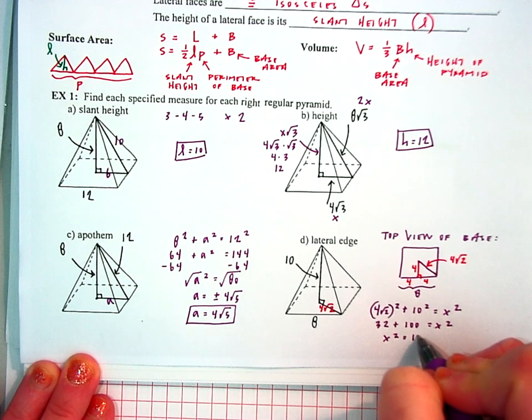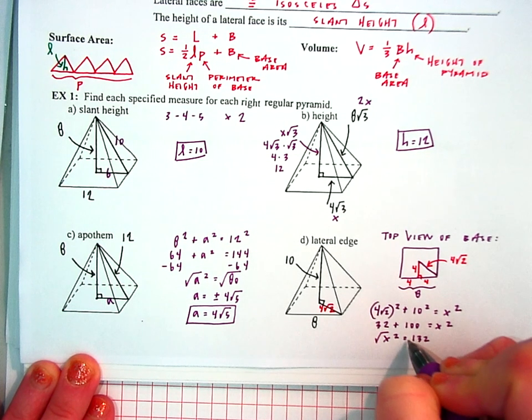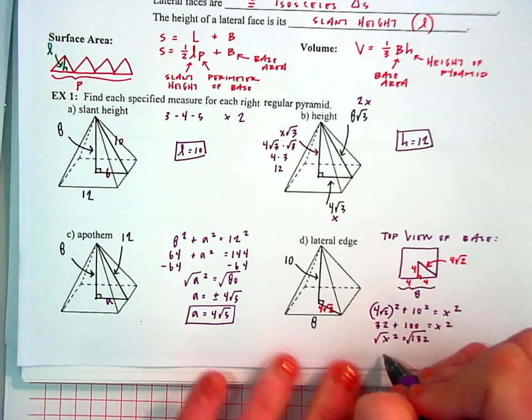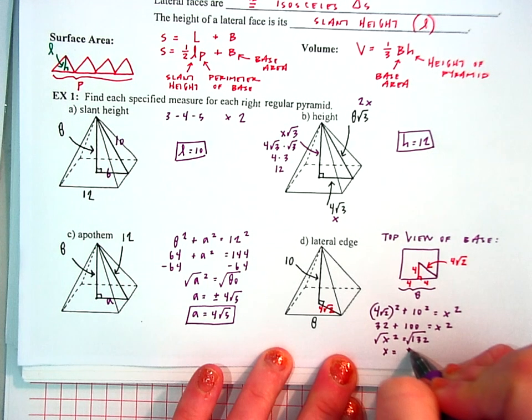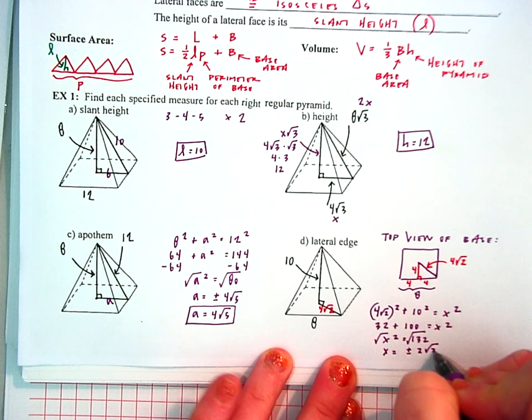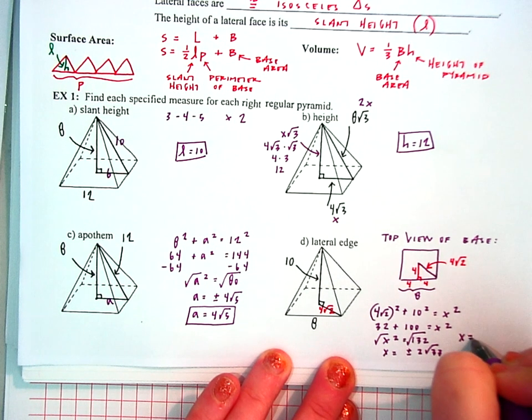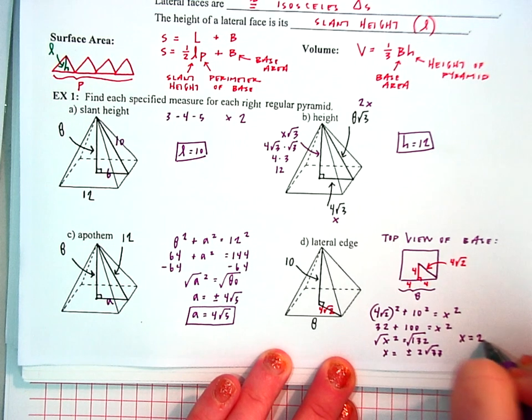X squared equals 132. Take the square root of each side. I know that that's 4 times 33. So that means that I will get plus or minus 2 root 33. But again, it has to only be the positive. So x, the lateral edge, has to be 2 root 33.